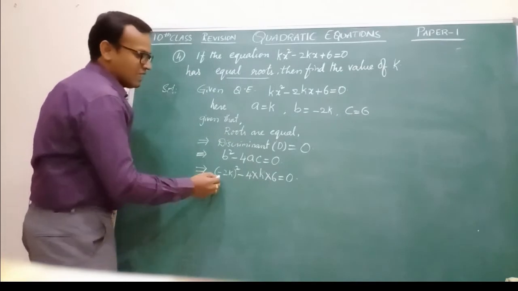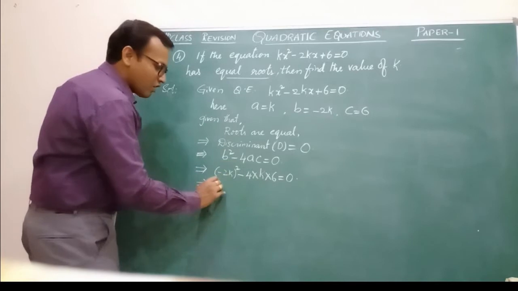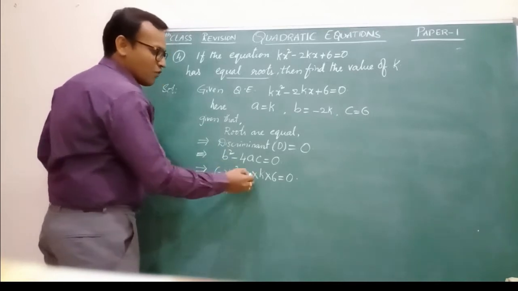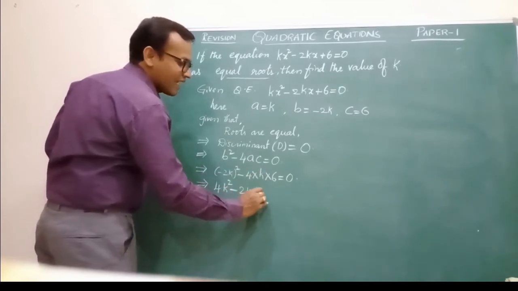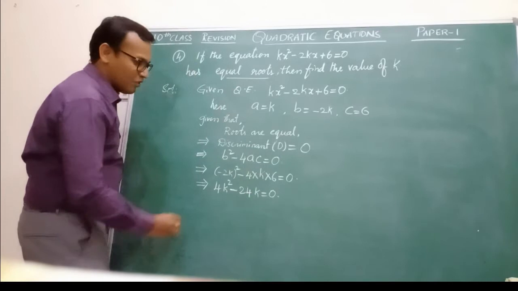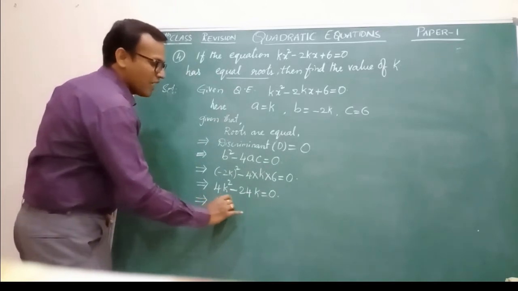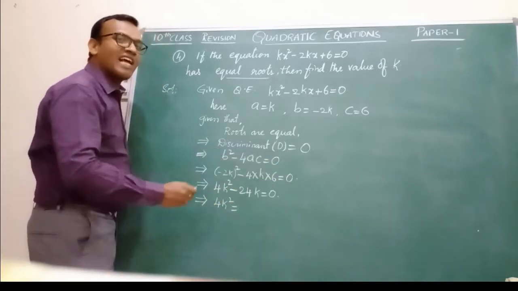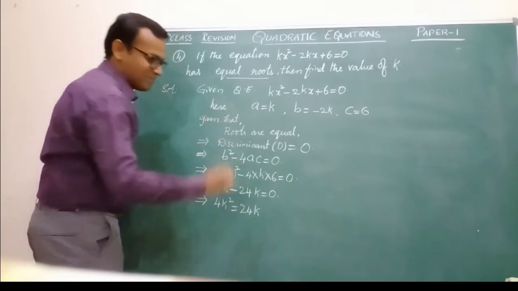That gives minus square is plus, because minus into minus is always plus. 2 square is 4k square minus 4 sixes are 24 into k, 24k, which is equal to 0. Now 4k square is equal to minus 24k. We are transposing to the other side, which becomes 24k.